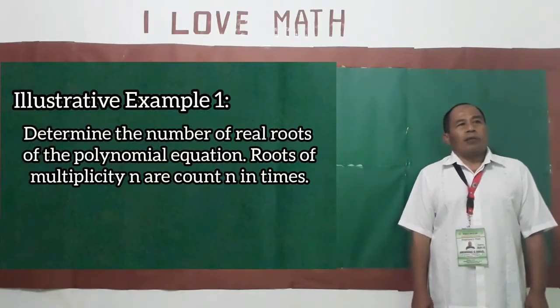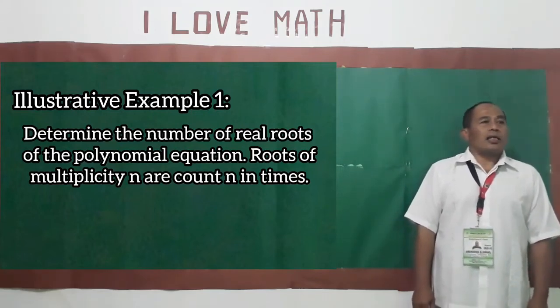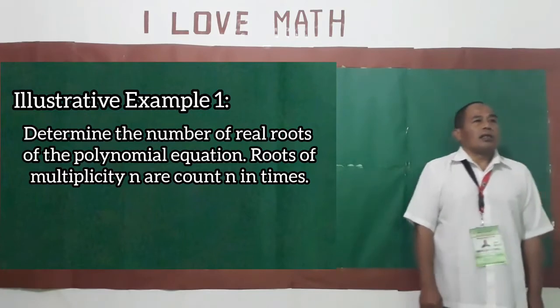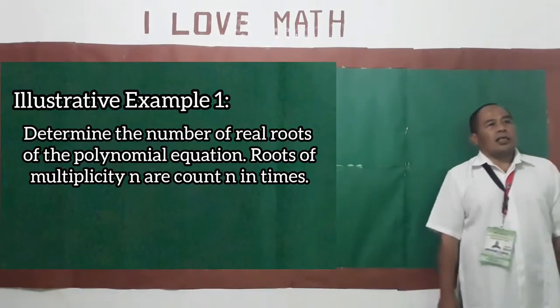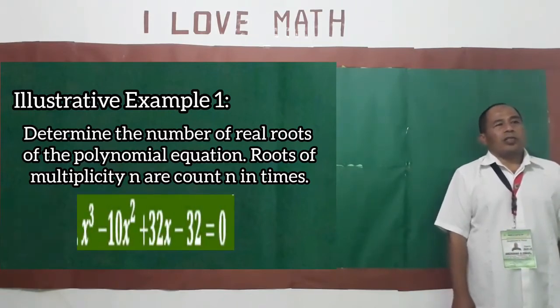Determine the number of real roots, counting multiplicity, of the polynomial equation x cubed minus 10x squared plus 32x minus 32 is equal to 0.